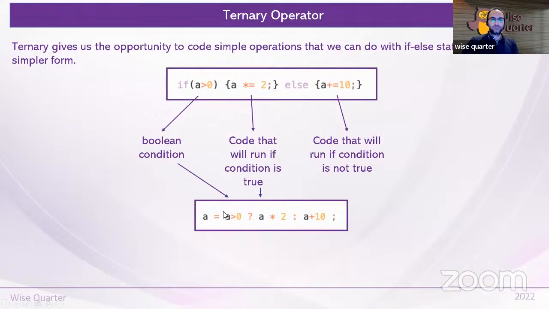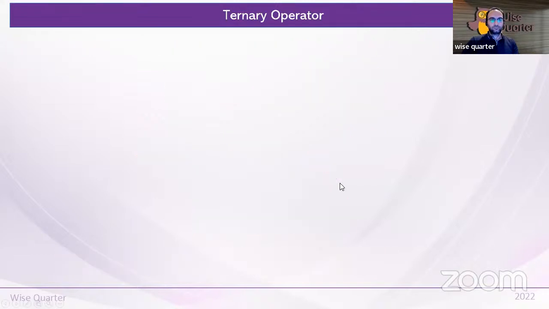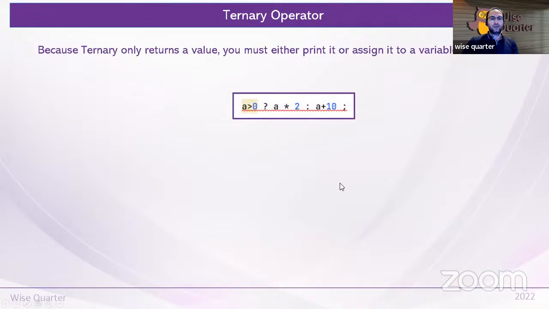This is the Boolean condition. If it is true, this code will be executed. If it is false, this one will be executed. Exactly like if-else statements. If you write it like this, all alone in the code, the system will find the result. For example, if it is 10, it is positive, this code will be executed, and it will be 20.